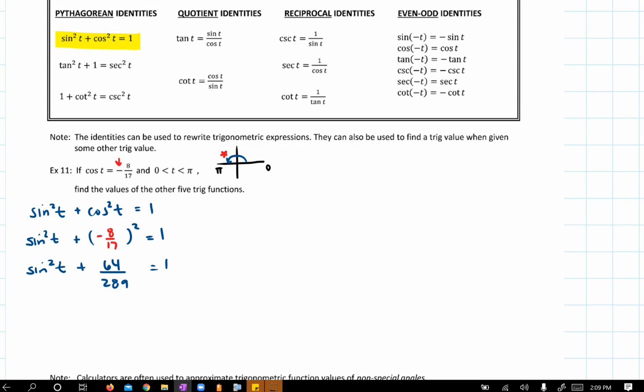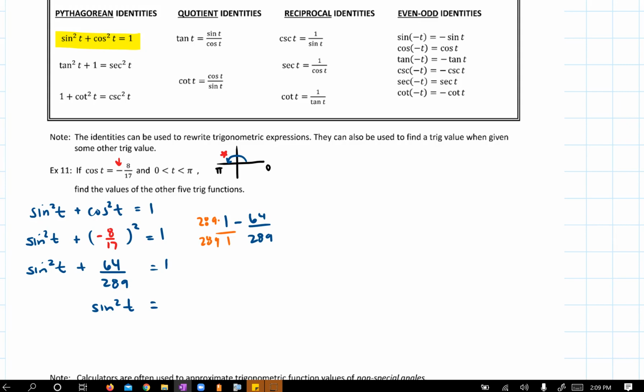So what we can do is subtract 64/289 from both sides. So this will leave me with sine squared t equals 1 minus 64/289. You can definitely use your calculator, but we would need a common denominator. So I'd have to multiply by 289/289.